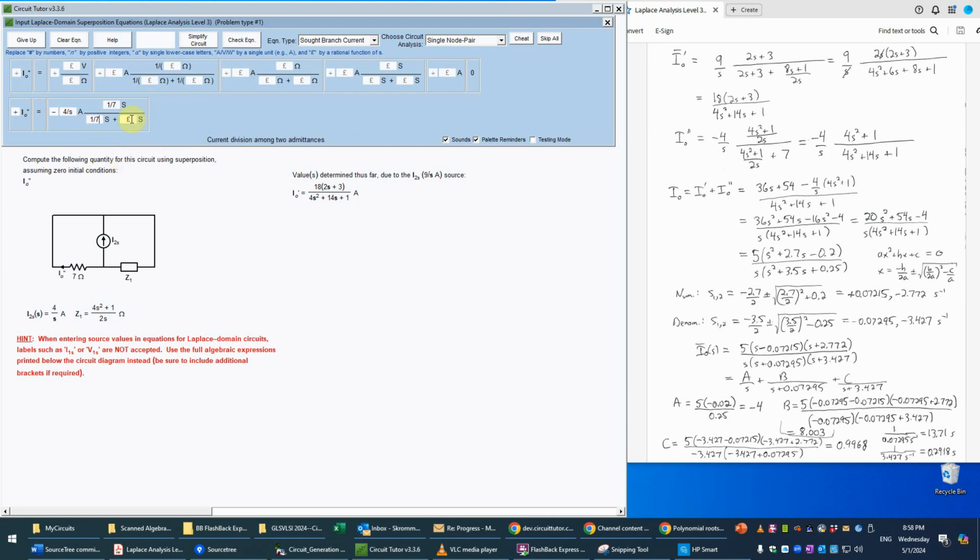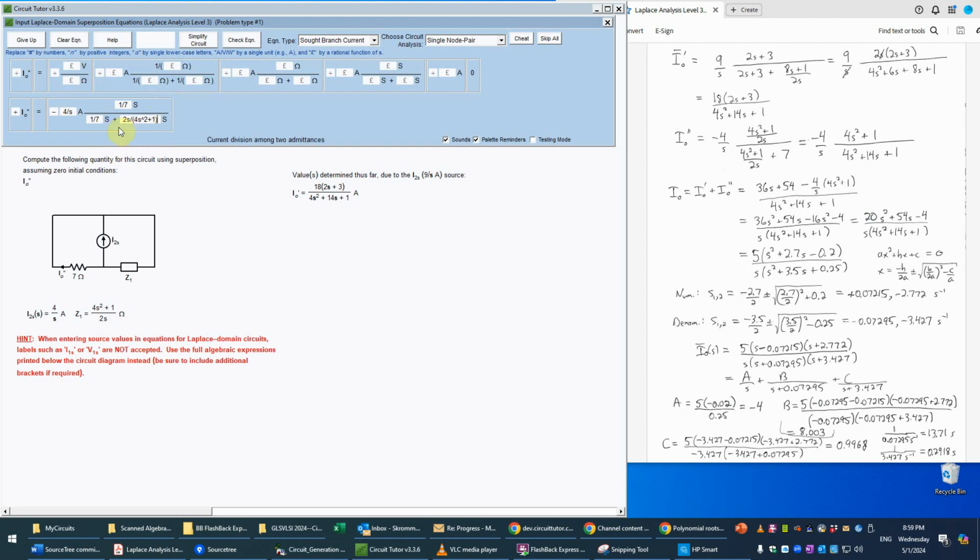And then the other one is the Z1 value, so the Y1 value that corresponds to that is the reciprocal again. So that's going to be the 2s over this denominator. So I'll type that as 2s divided by parentheses 4s squared plus 1. And again, I didn't have to use admittances if you're not comfortable using them. It's not obligatory here, but it's just another way to work the problem.